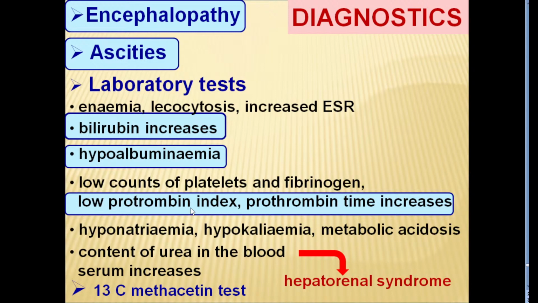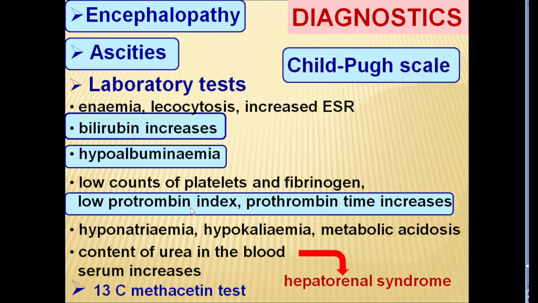Depending on these indices, we have the special Child-Pugh scale, because every index correlates with a score, and depending on the count, we can distinguish 3 stages of liver insufficiency: A, B, and C. Depending on the result, we orient ourselves about when liver transplantation may be recommended.